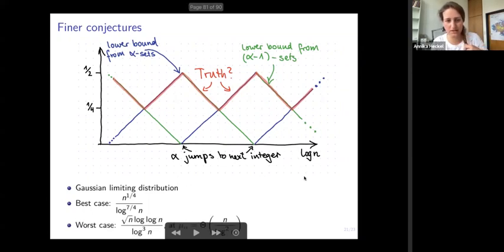So we think at the top, the concentration is root n log n over log n cubed, which looks a bit weird, and there's no quick way of saying why we think this is the answer of all things. This is because, as I've already told you, if you get an extra alpha set, it saves you 1 over log n colors.